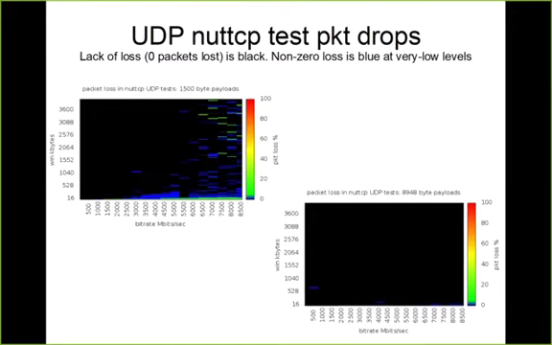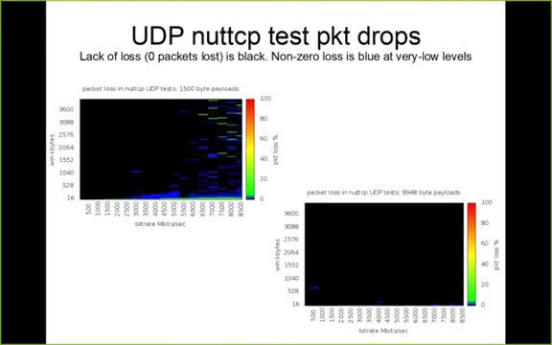So on these heat maps, vertically, you've got an increasing request for buffer. Horizontally, you've got an increasing request for throughput or for rate. The lack of loss is black, and non-zero loss is blue, starting at very low levels so you don't have very dim low loss that you can't see.